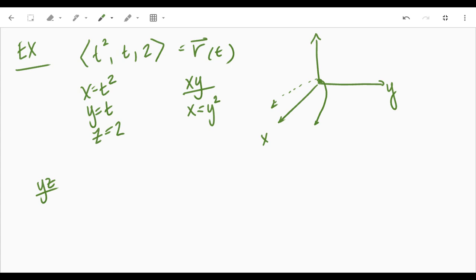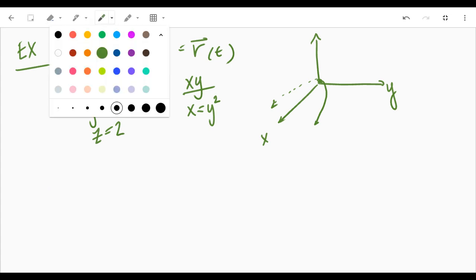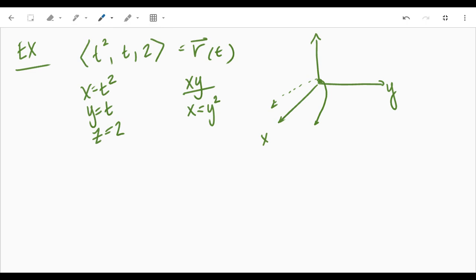let's see, I'm going to do a different color here actually. It's just going to look like, I don't know what I did. I guess because it's the negatives. It's just going to be z is always 2 and y is whatever t is.